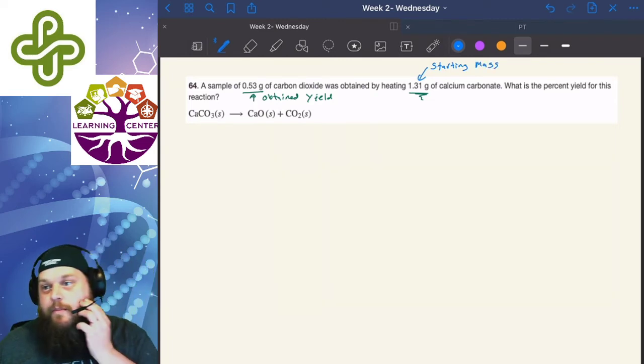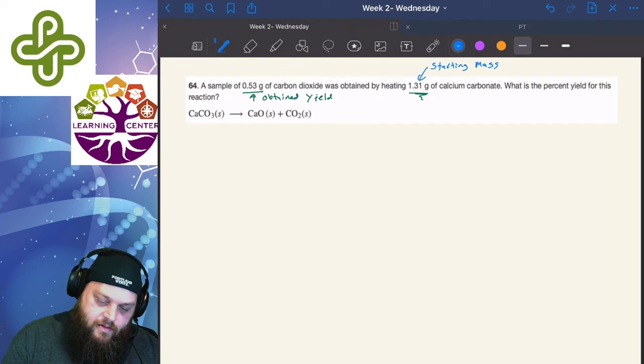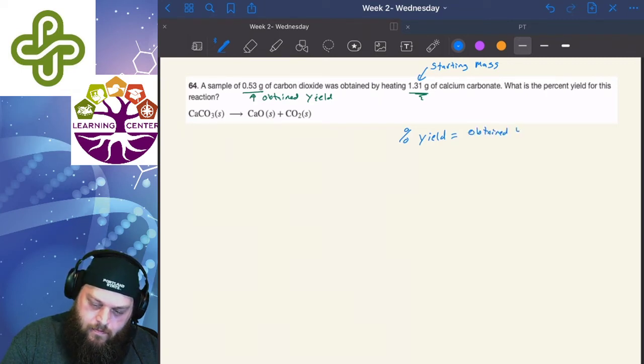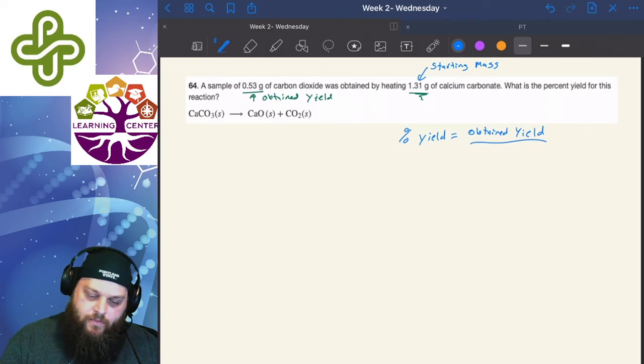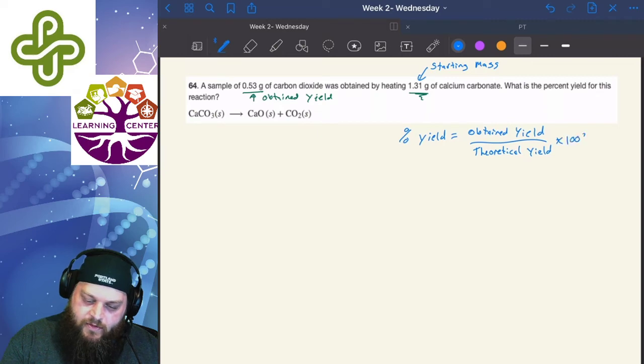And we want to know that percent yield. So percent yield is equal to the obtained yield, how much product you were able to obtain and gather, dry, and weigh, divided by the theoretical yield. The theoretical yield is like if everything was perfect.